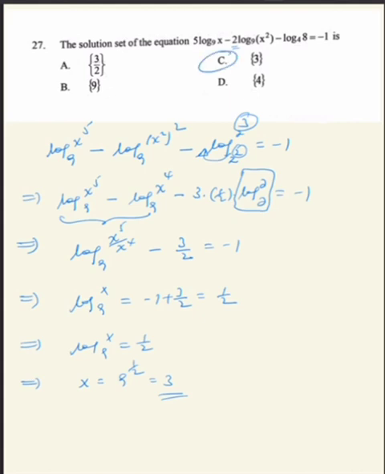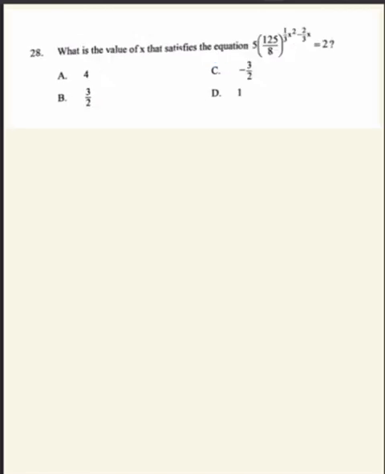So our answer will be C. Moving on to question 28, we get an exponential question, so let's solve this exponential. 5 times 125 over 8 to the power of 1/3 of x square minus 2/3 of x is equal to 2.